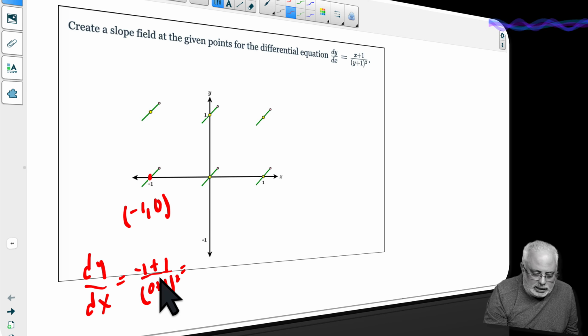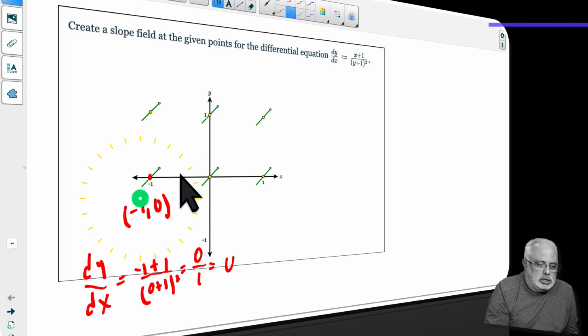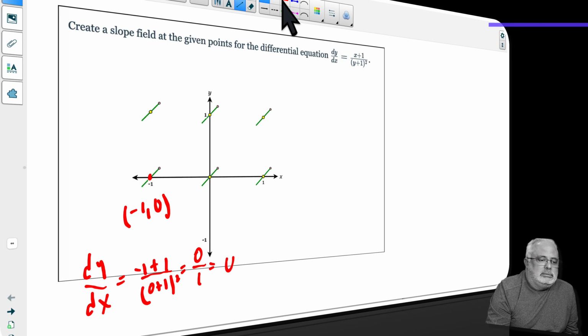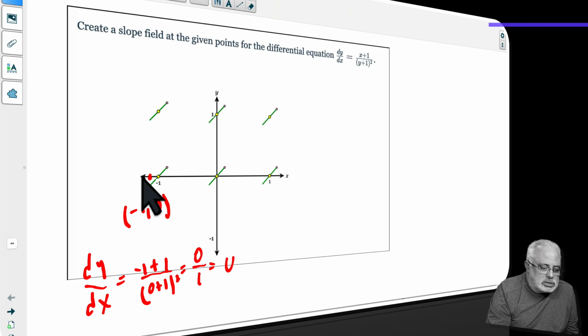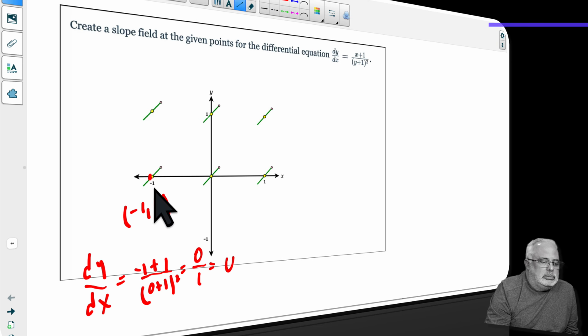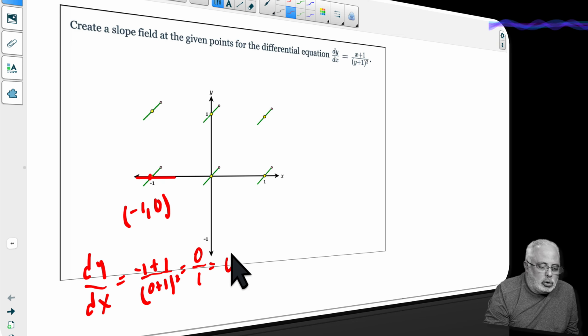In the numerator I have 0 divided by any value, that is 0. Plus 1, 1 to the second power is 1. So dy/dx here is 0, so the slope here is 0. This is the initial analysis of the slope field. The slope is 0. The line is horizontal.